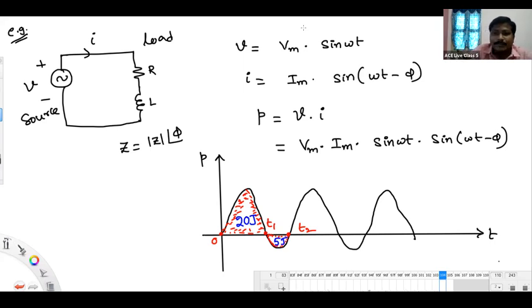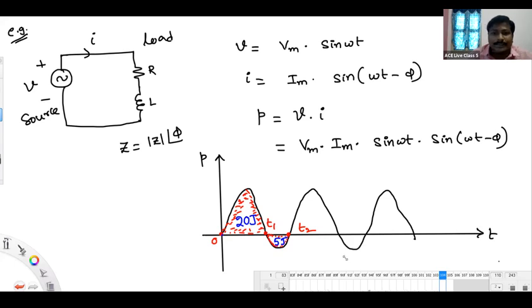Very, very simple question. What is happening from time t equals 0 to t1? See, in that span, listen to me and answer what I am asking.